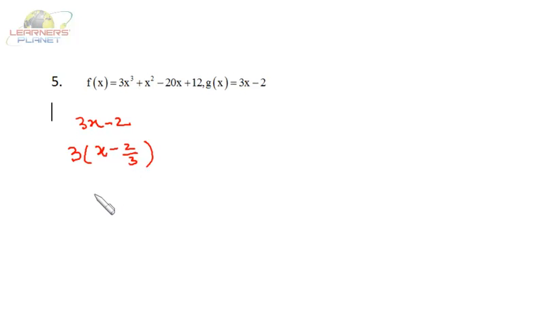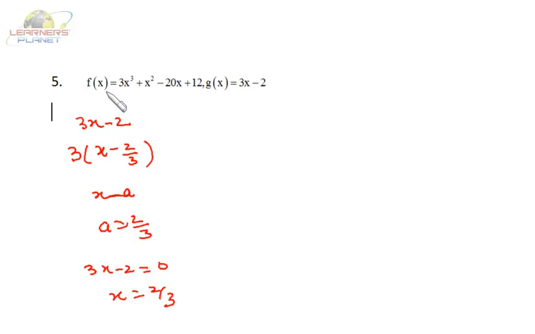I'm comparing it to x minus a, so a will be 2 by 3. Or we can calculate the value of a by putting 3x minus 2 as 0. So x will be 2 by 3.